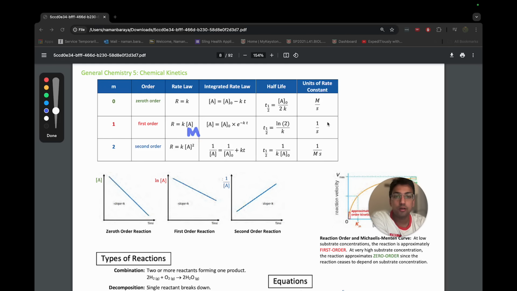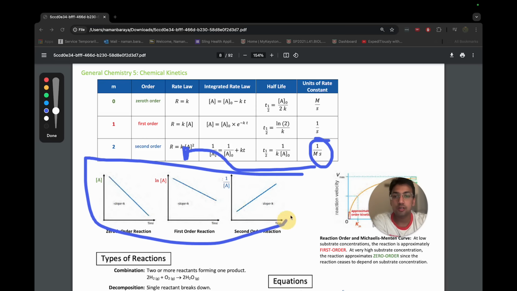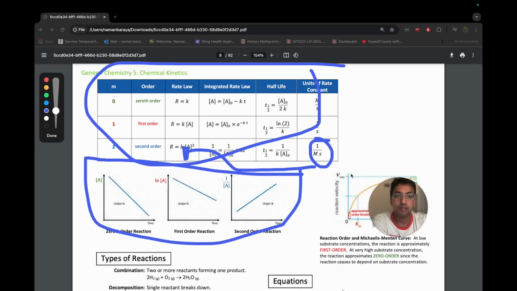So you know that the rate has to be molar over second. So you just do k is 1 over second. So now you get molar over second. And then finally, you know here that this is molar squared. So if you do 1 over molar second, then you get molar over second. So again, you can just try that by hand and it'll make sense why these units are true. So again, if you just remember this, you can derive everything over here, and it's a lot simpler.